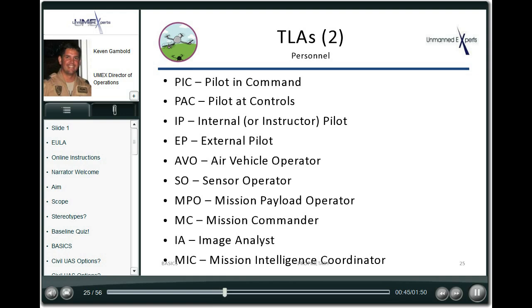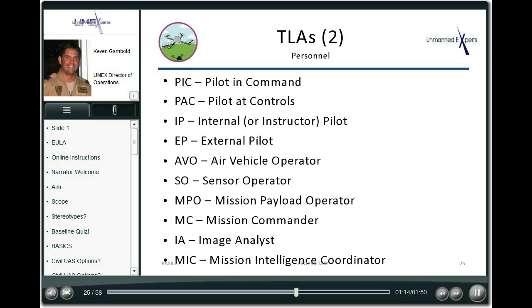An IP normally would be seen as an instructor pilot. Here it's an internal pilot, someone inside a normal ground control station, GCS. And an external pilot is stood out on the runway in all weathers, landing and taking off an aircraft that requires that. Another term for all of these chaps is an air vehicle operator, or chapesses, and this is commonly used by the Army, but it's normally for the piloting type position.